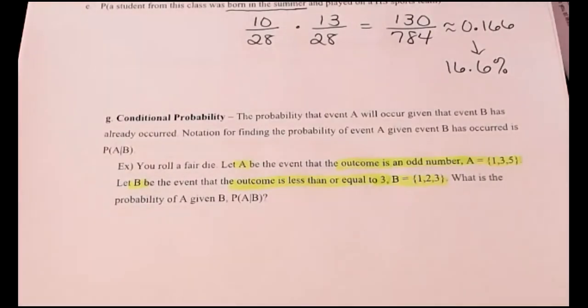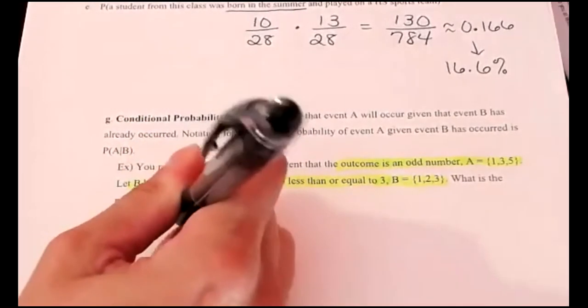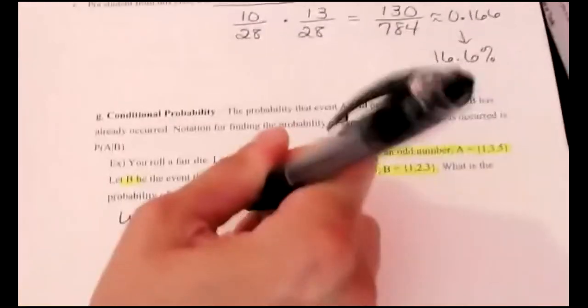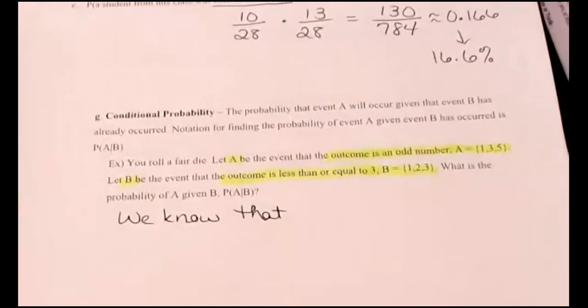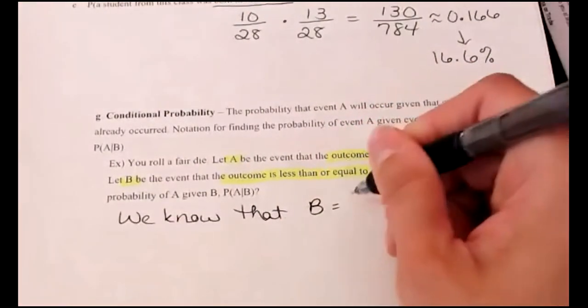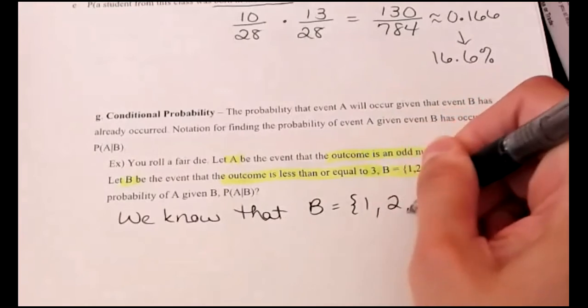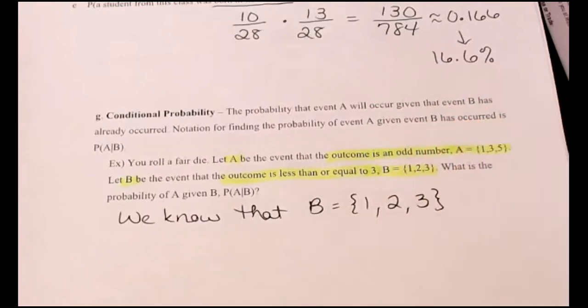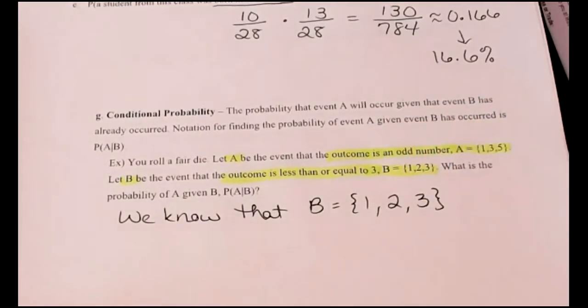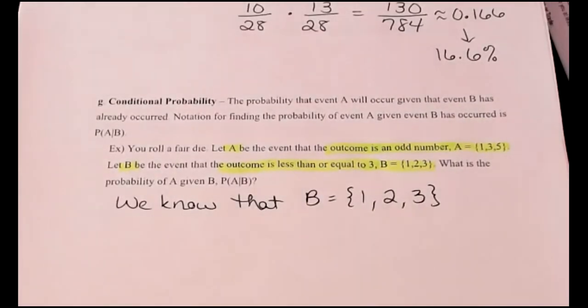So what is the probability of A given B? This is a little bit of an interesting take. The first thing I want you to consider is that we know that the set B is equal to the outcomes 1, 2, and 3. So we want to know the probability of A. Now, A is that the outcome is an odd number.